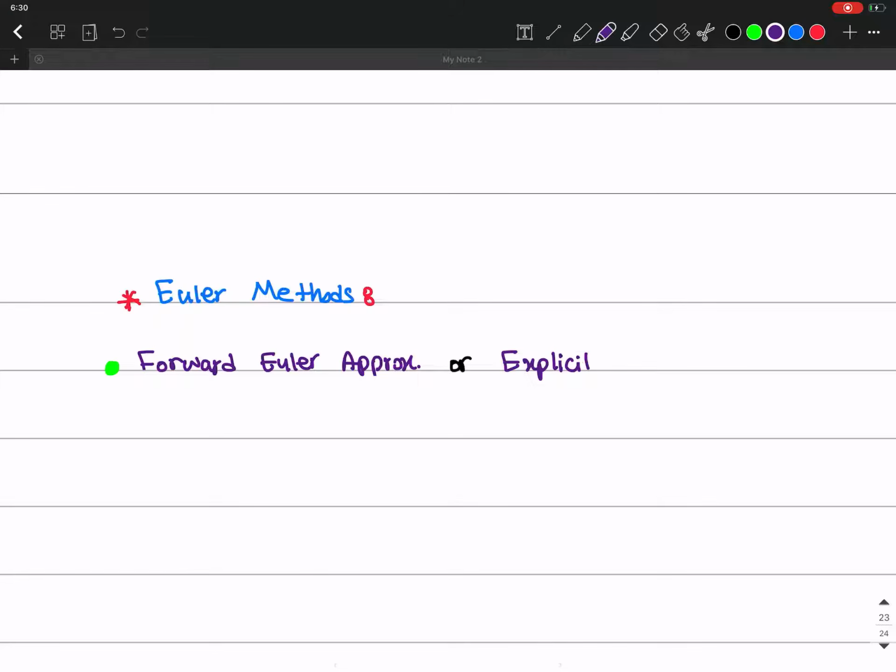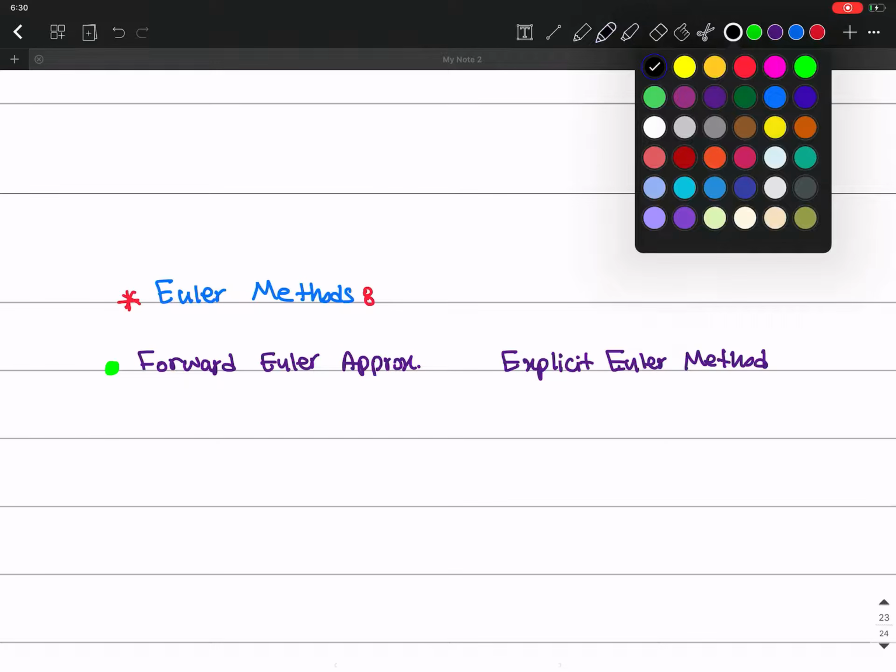These are two names that we have for this method. It's the simplest one, it's explicit, and we will see what that means when we talk about implicit methods.